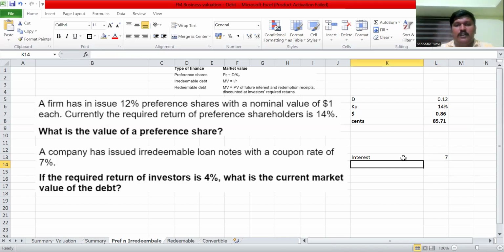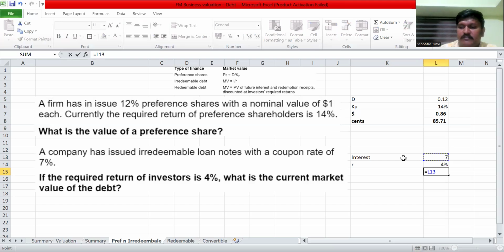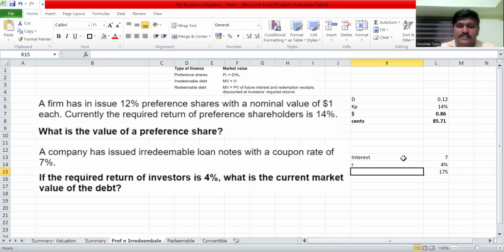Now you have a required rate of return R, which they have given you as 4%. So you just need to divide 7, that is your interest, by the rate of 4%. You will get $175 as the market value of one debt, market value of debt in dollars.